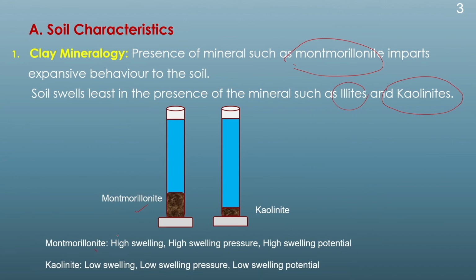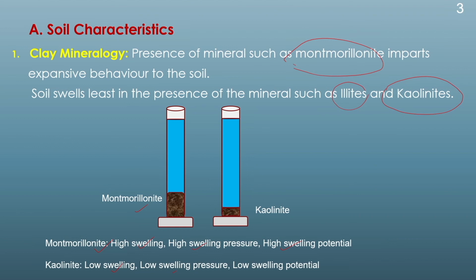Montmorillonite will have a high swelling tendency, and consequently it will have high swelling pressure and high swelling potential. Similarly, kaolinite will have the lowest swelling capacity, and therefore it will have low swelling pressure and low swelling potential.